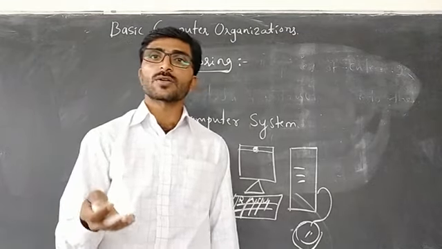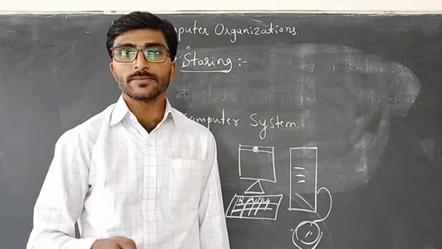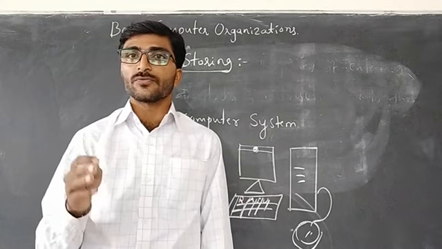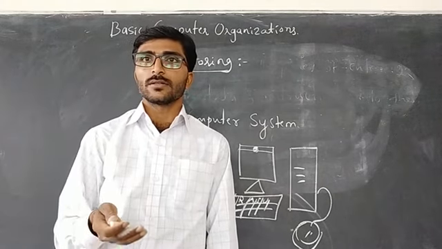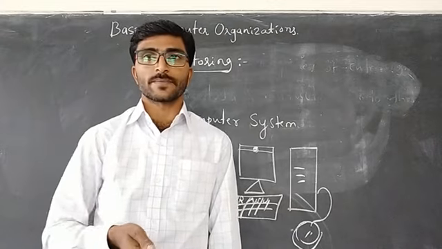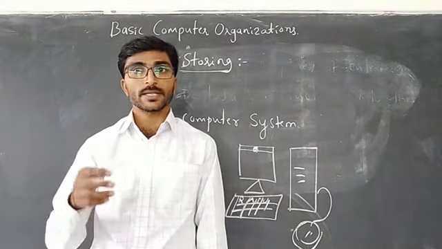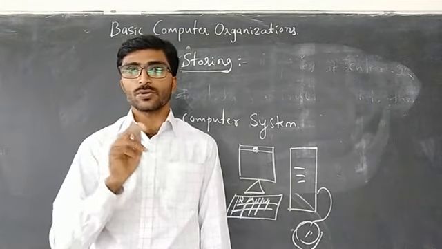Those memories can store your information, data, or instructions, to make them readable for additional processing. For example, I want to watch that movie next week, so that is additional processing whenever you require it. That is called storing.